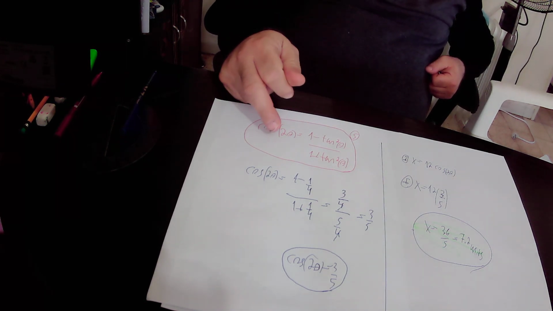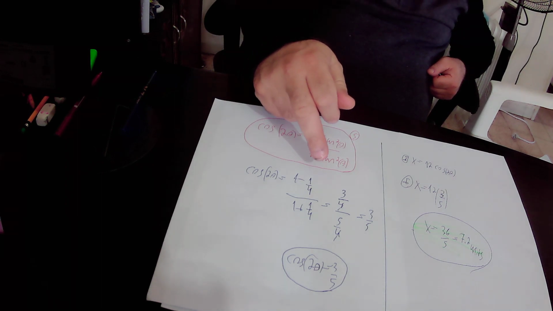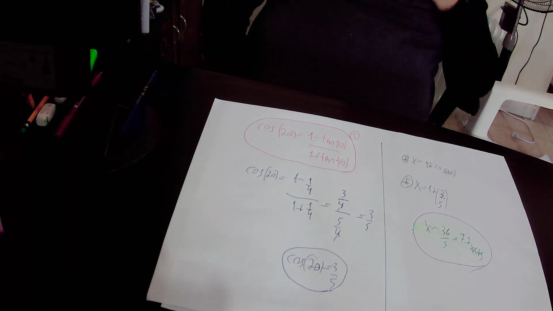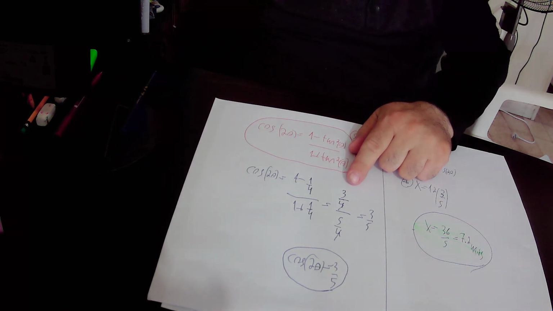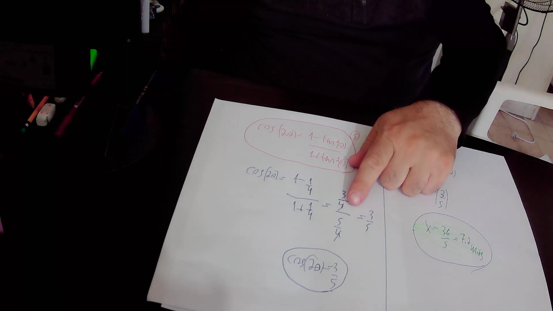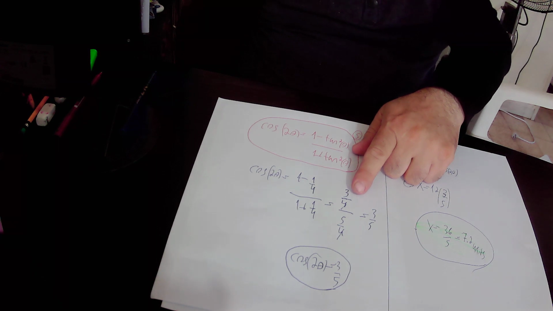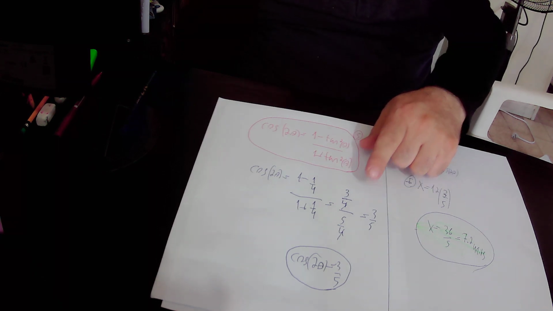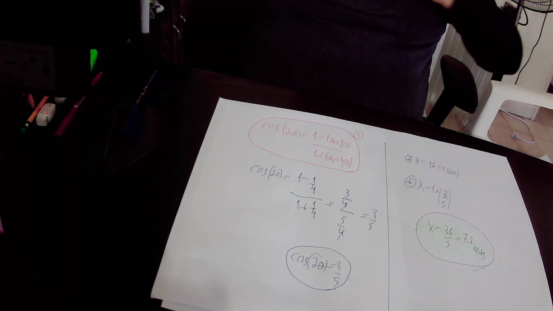So cosine 2 theta equals 1 minus 1 over 4 over 1 plus 1 over 4. Here 1 minus 1 over 4 is 3 over 4. 1 plus 1 over 4 is 5 over 4. Here we have 4 in the numerator and 4 in the denominator, so 4 will get cancelled. In conclusion, cosine 2 theta equals 3 over 5.